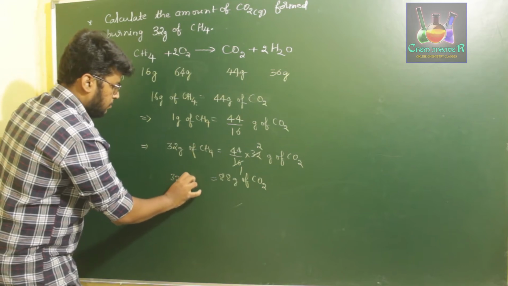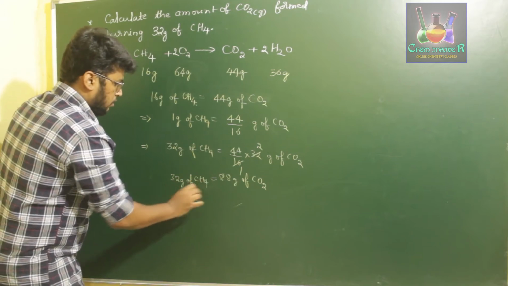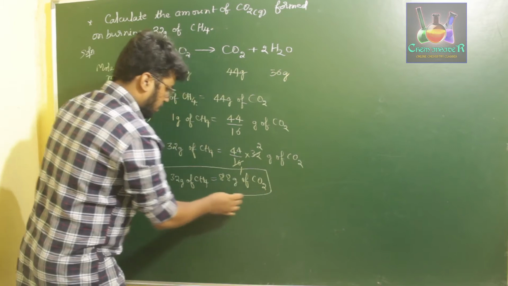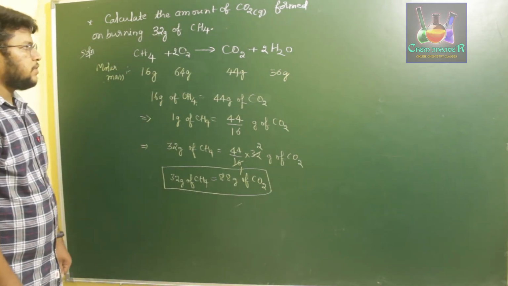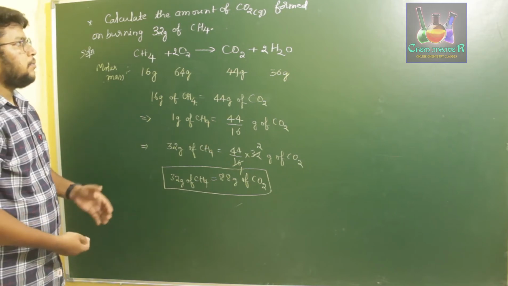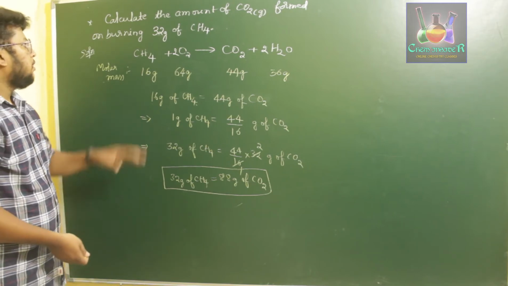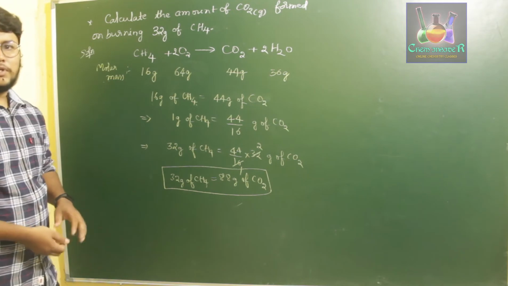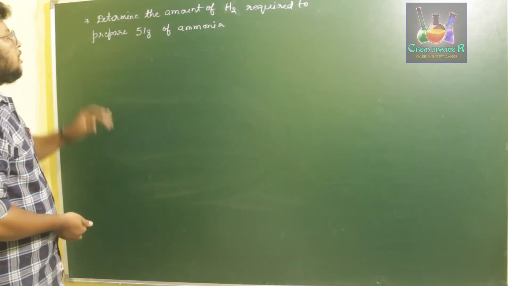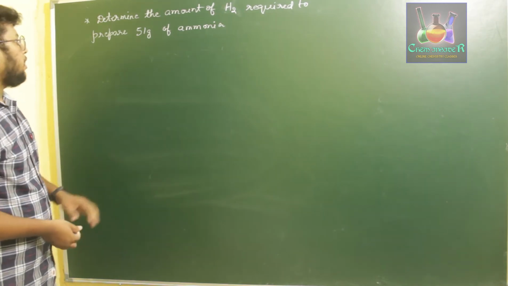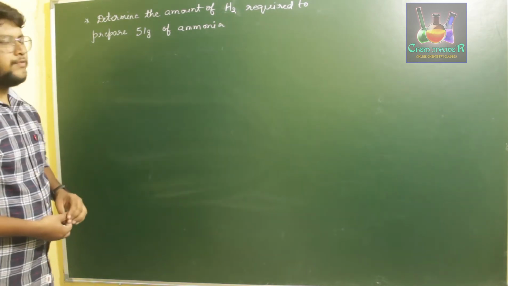That is, 32 grams of CH4 gives us 88 grams of carbon dioxide on burning with oxygen. So this is about the first problem, determining the amount of carbon dioxide formed on burning 32 grams of CH4. Next question says, determine the amount of hydrogen required to prepare 51 grams of ammonia.